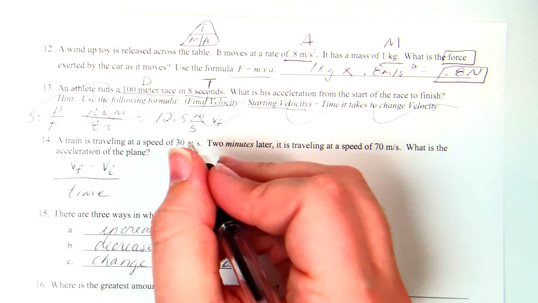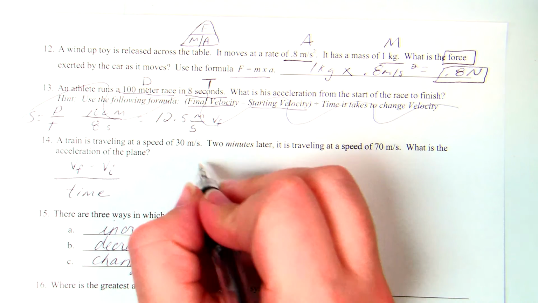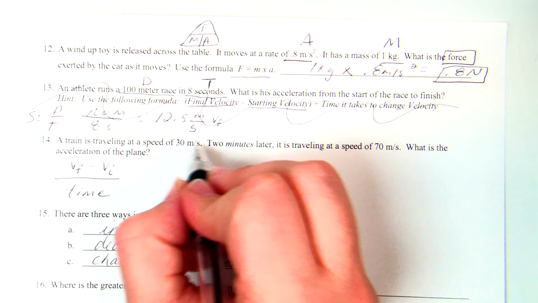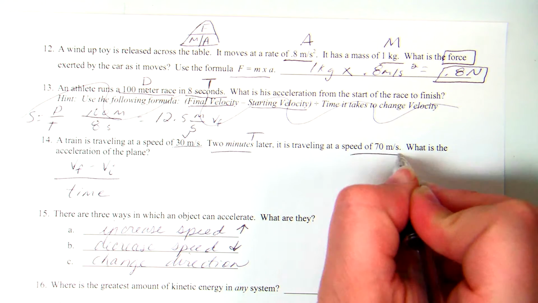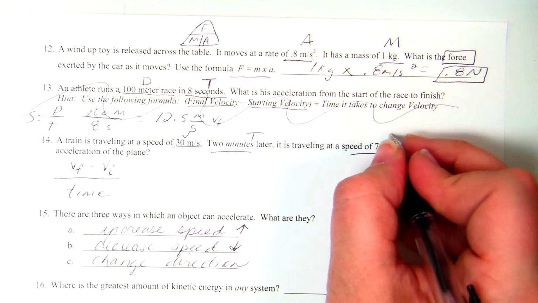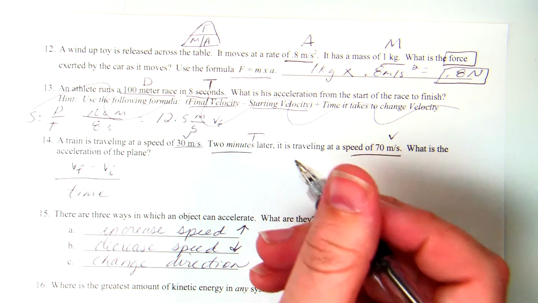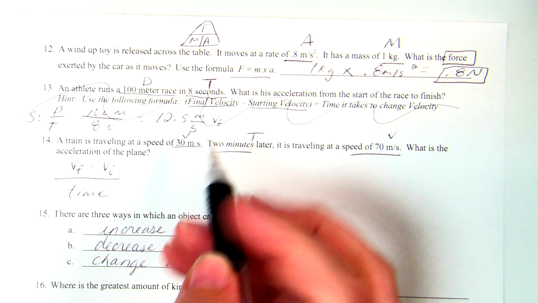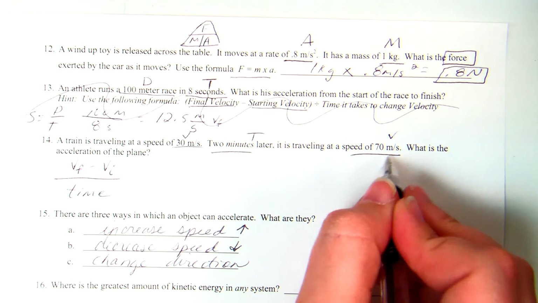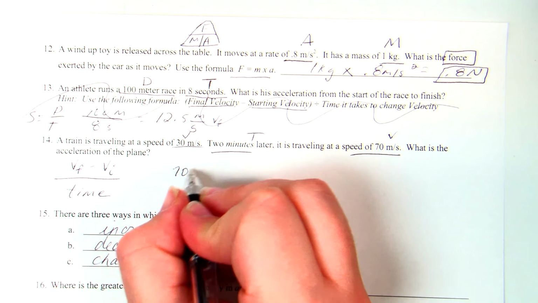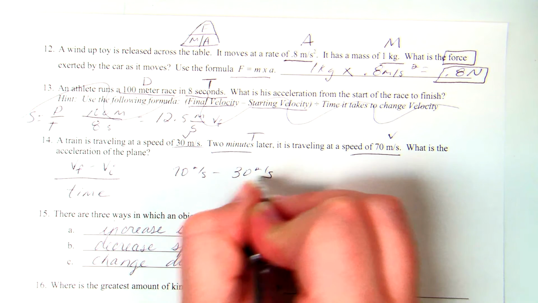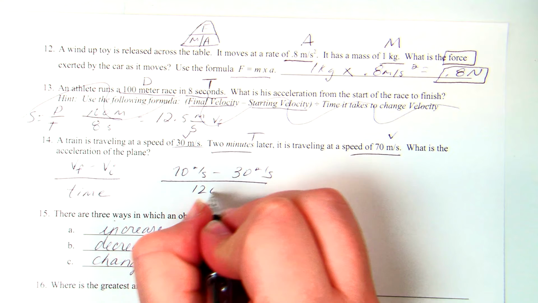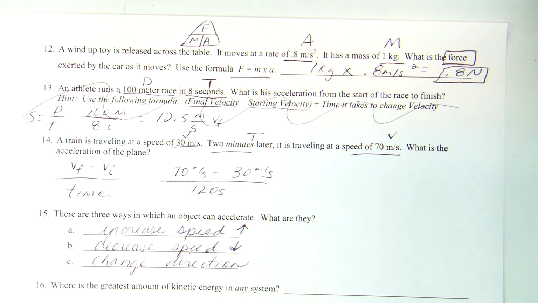So if a train is traveling at a speed of 30 meters per second, 2 minutes later, it's traveling at a speed of 70 meters per second. So its starting velocity, or initial velocity, is 30, and the final is 70. So we would take 70, we would subtract 30 from it, and divide that by 120 seconds.